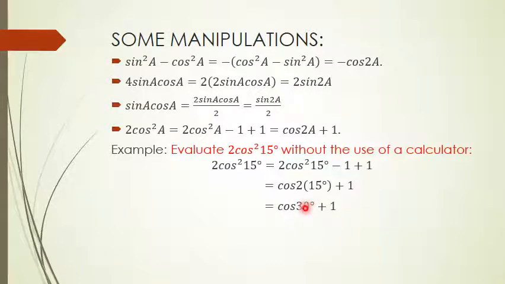Now this is a special angle. We can now substitute for the trig ratio of cos 30, which is square root of 3 over 2 plus 1, and then putting this over one common denominator, we obtain square root of 3 plus 2 all over 2.